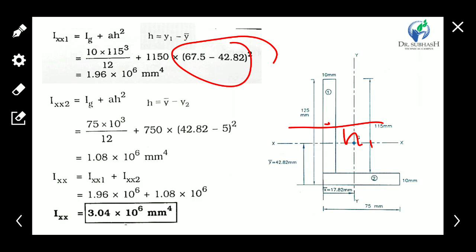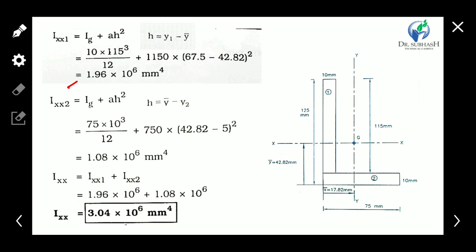Okay, so 67.5 minus 42.82. Put in all the values and we calculate the value of Ixx1. It is 1.96 into 10 raised to 6 mm raised to 4. Okay, now the moment of inertia for the second element.